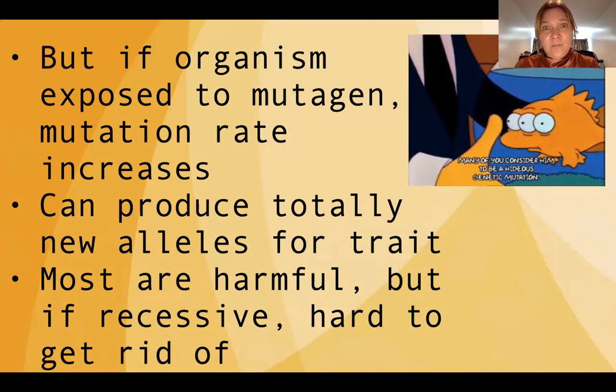But if the mutation occurs in a dominant gene, most likely, if that organism even is viable as a fetus and it survives fetal development and is born, then most likely the mutation, because it's dominant, is going to show in the phenotype, which means that it will be selected out by natural selection.